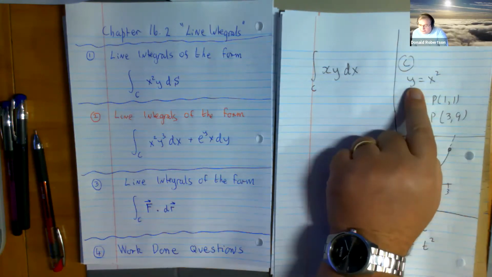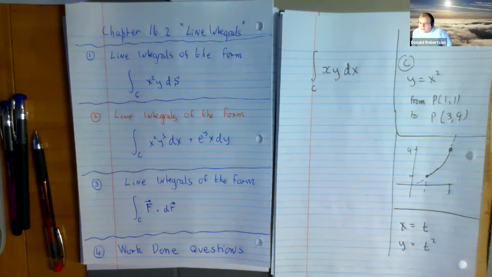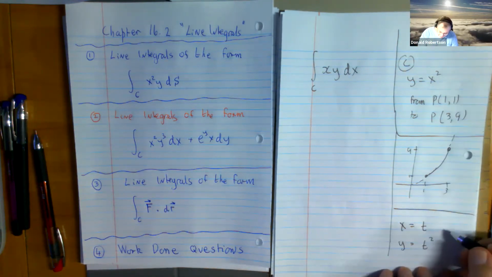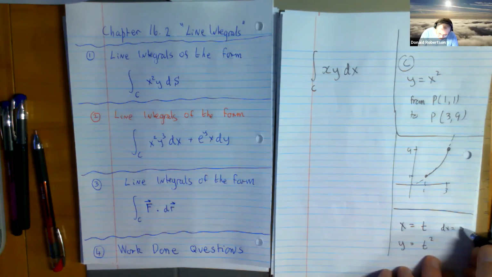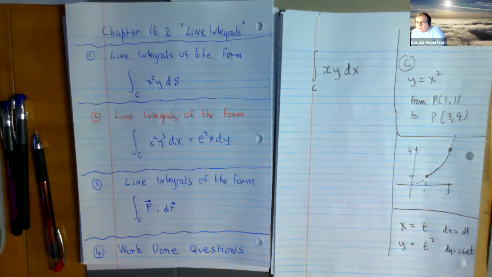If it's a single curve, like y equals x cubed, y equals the square root of x plus 1, y equals sine squared, basically just make x equal t and y the formula, and you've got your parametric. So that bit's done. Can I do dx is dt and dy is 2t dt? Can I do that without going through the working? Can you imagine it happening in your head? Okay.